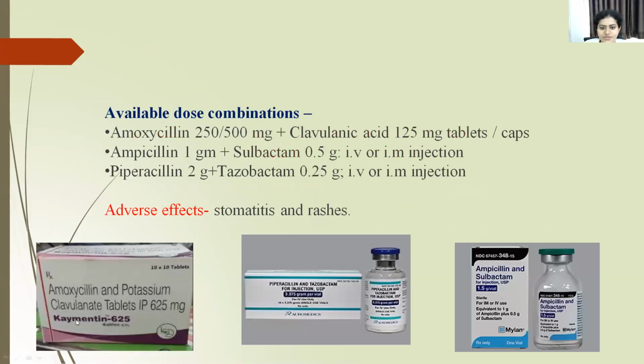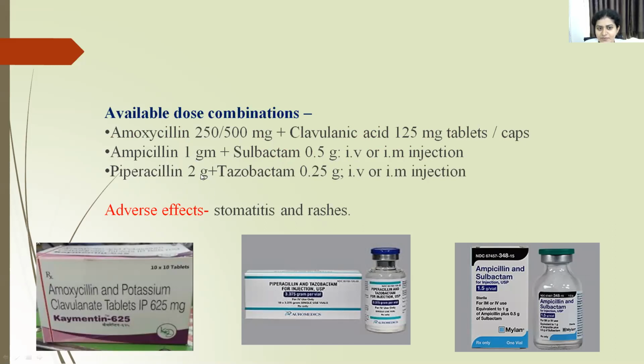The available dose combinations, you have to remember. As I told you, clavulanic acid is given orally. The other two drugs are given parenterally. So there is a fixed dose combination of amoxicillin with clavulanic acid. Amoxicillin comes either in 250 or 500 milligram, and clavulanic acid is in 125 milligram tablets. Ampicillin is 1 gram, and with sulbactam, you give half the dose, that is 0.5 gram IV or IM.